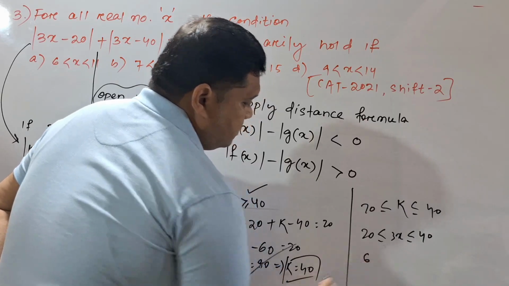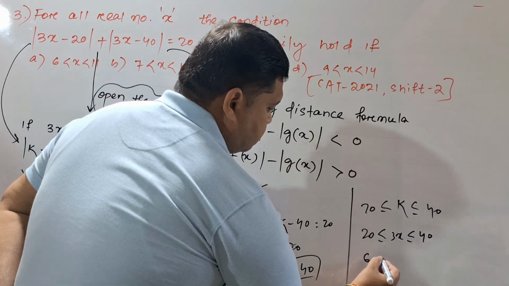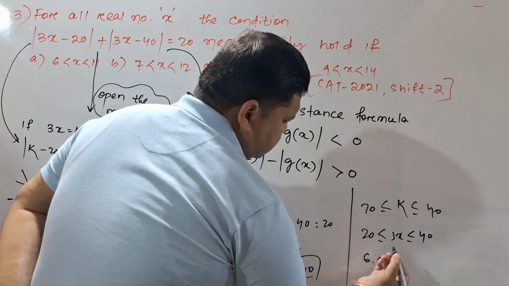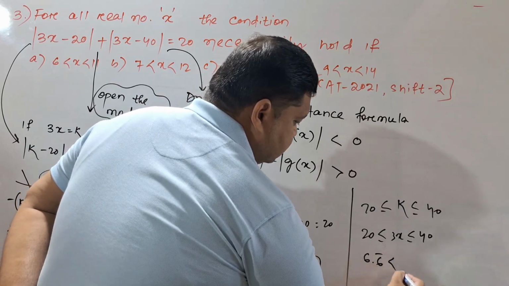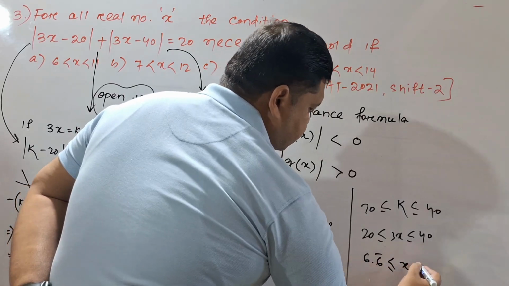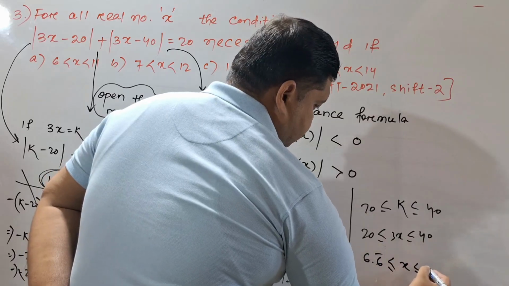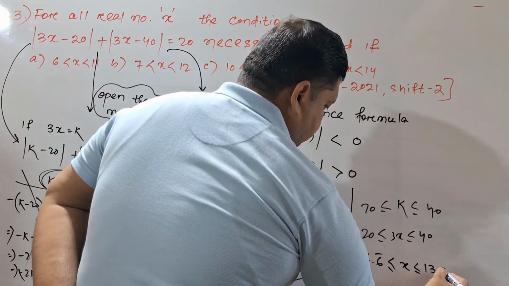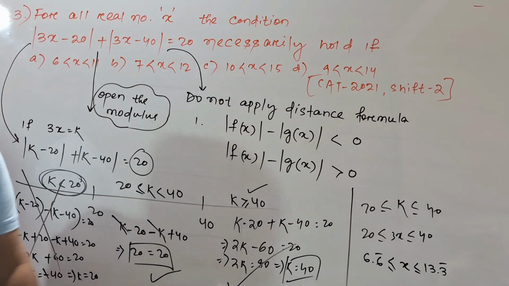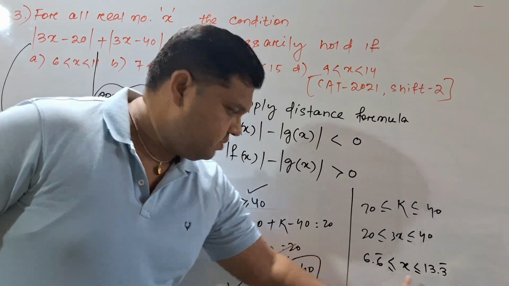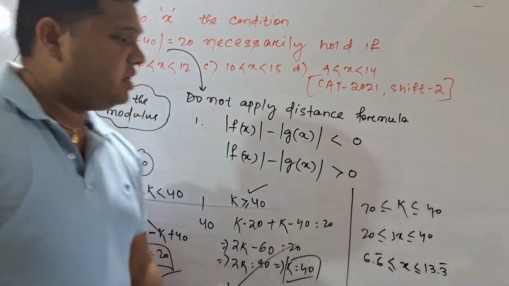This is 6.6 bar. Okay, 6.6 you take, less than x. And here this is 40, 40 by 3 is how much? This is 13.3 bar. So here x lies within this point to this point, 6.6 bar to 13.3 bar.